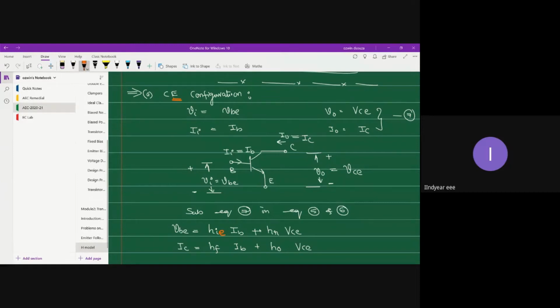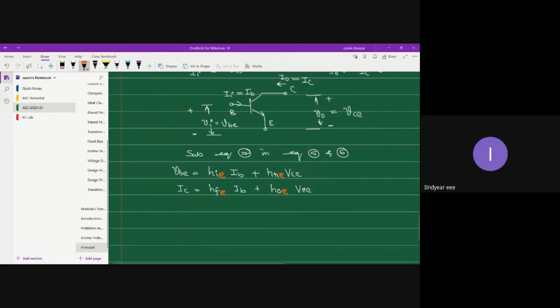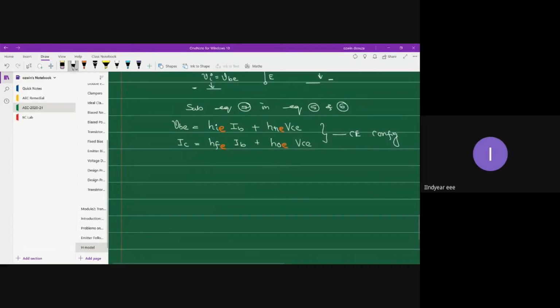As I have told you in the beginning, since we are dealing with common emitter configuration, you just introduce the second subscript. The second subscript is going to be the common terminal of your configuration. So this is your H model equation for common emitter configuration. Once you have the equations, you can quickly draw the circuit diagram. In place of VI, you have Vb. In place of HI, you have now HIE, and this will be your base current IB.